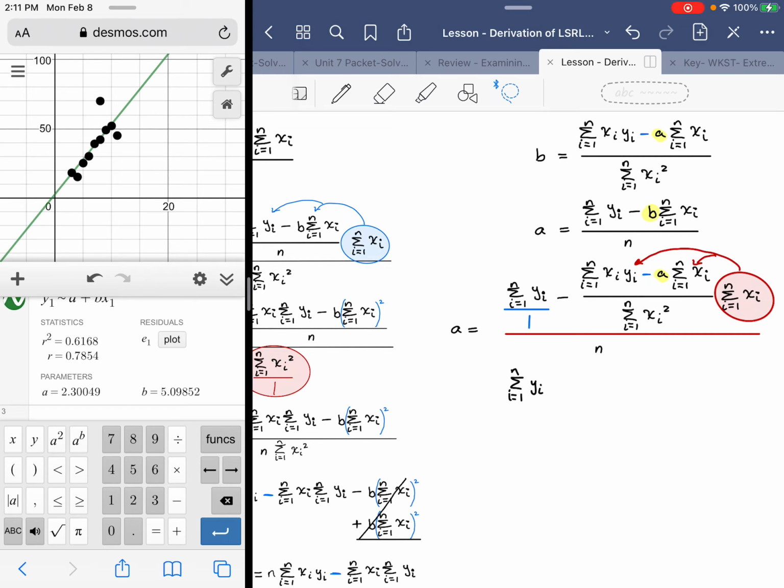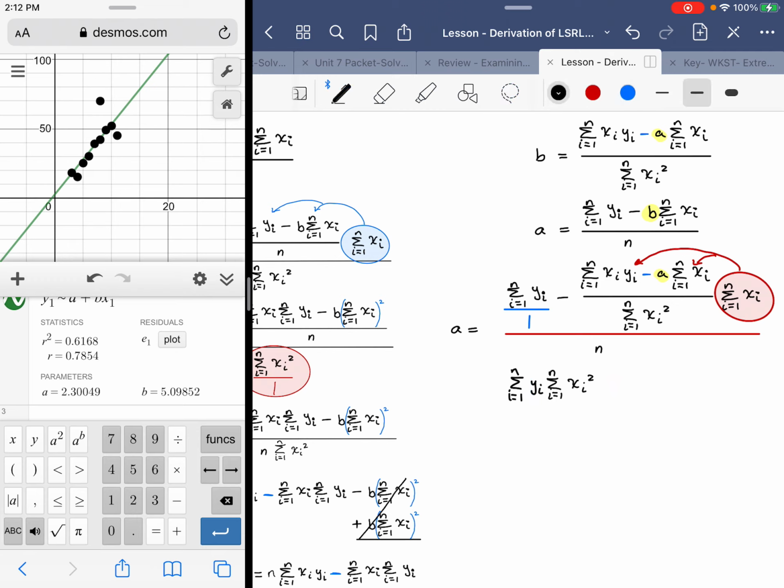So you get a common denominator, and in order to do that, I'd have to multiply the top of this fraction by the sum of x squared over the sum of x squared.